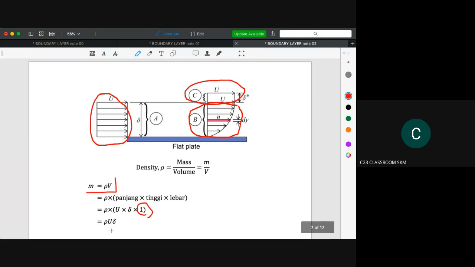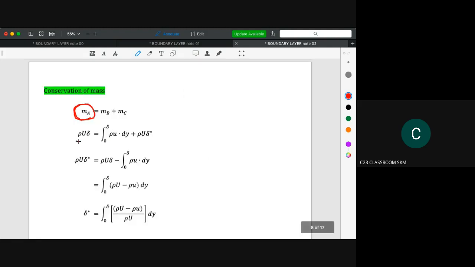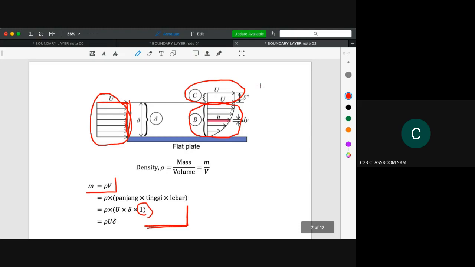I already showed you here: we calculate rho, U, the distance of this one, and delta, the height of this one, and then you get rho U delta. Then we calculate the mass MC, which is the area of this one.